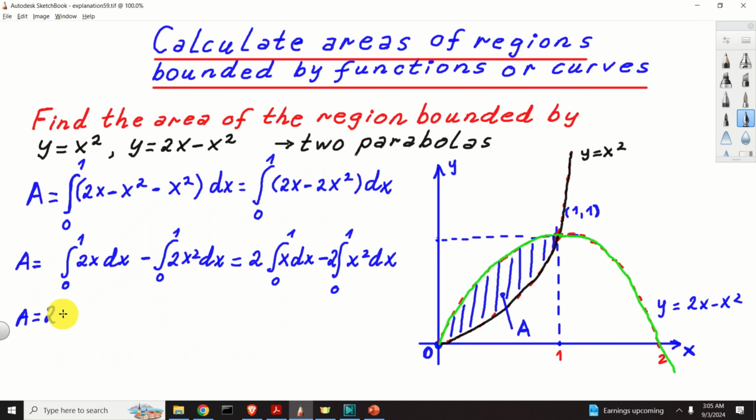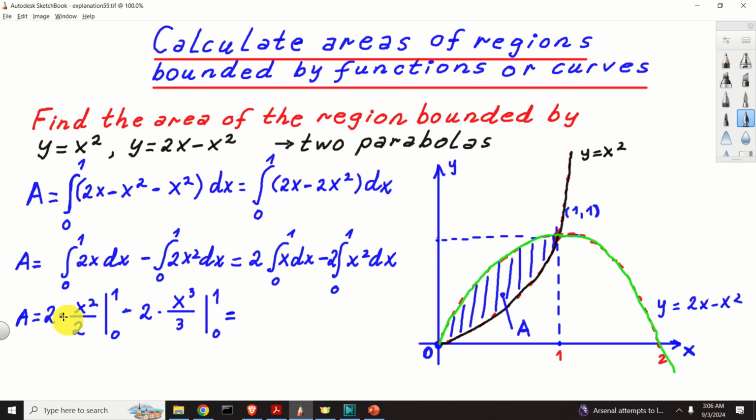And let's compute these integrals. We have 2 multiplying x squared divided by 2, and the bounds are from 0 to 1. Then we have here minus 2 multiplying x to the power 3 divided by 3, and the bounds are from 0 to 1. And let's substitute these bounds. What do we have over here?